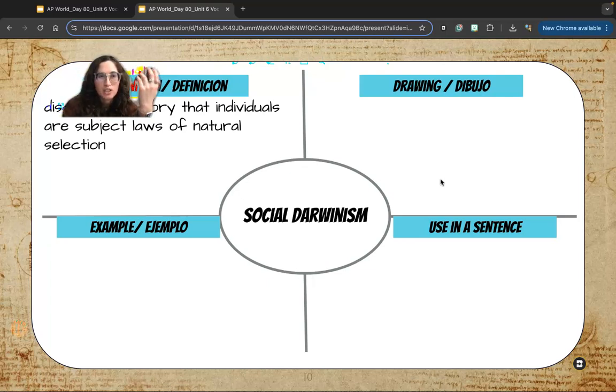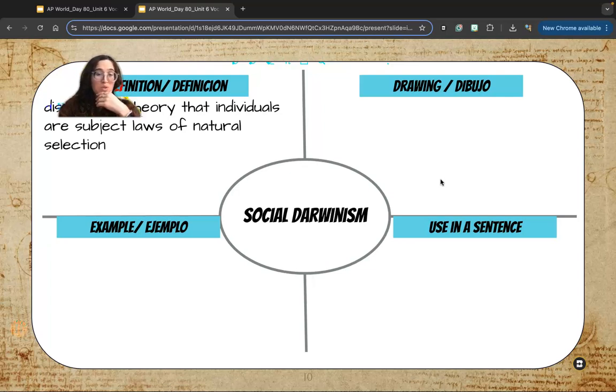Basically it argues survival of the fittest: if a country is able to take over another country, it's because they're better, right? This is a discredited idea and not very popular nowadays, but back then it was used to justify racism, colonization, imperialism, things of that sort.